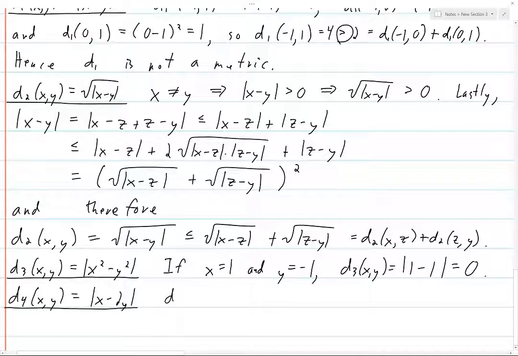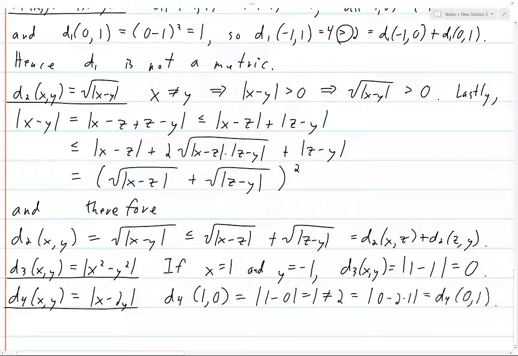And so indeed, if we have D4 of 1, 0, this is the norm of 1 minus 0, which is 1, and that is not equal to 2, which is 0 minus 2 times 1, the distance between 0 and 1. So the distance between 1 and 0 is not equal to the distance between 0 and 1, and therefore D4 is not a metric.